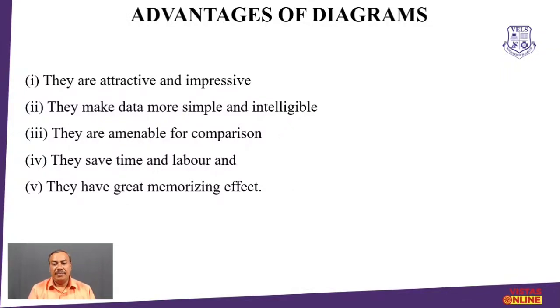It is one of the main advantages of diagrammatic representation. The first one is they are attractive and impressive. That is visual compact. For visual compact, we can apply diagrams. They make data more simple and intelligible.